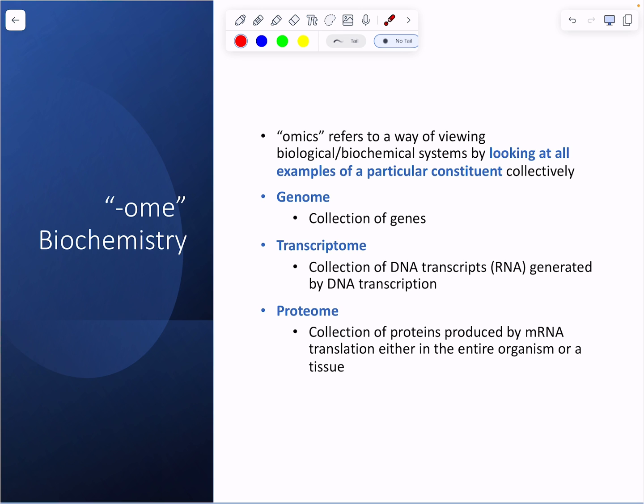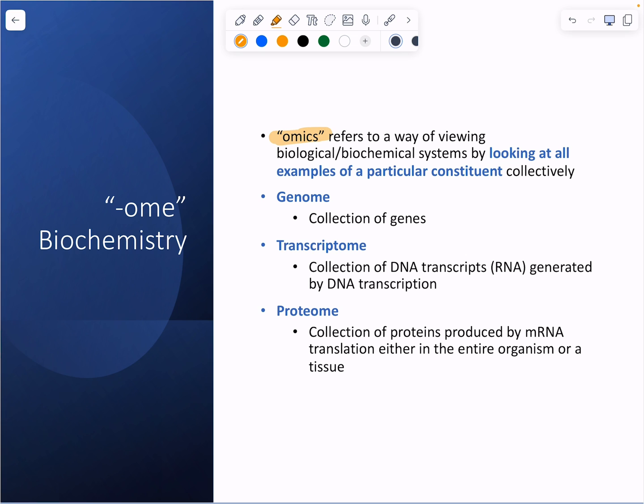Anytime you see the suffix omics, it means we are taking all of whatever the prefix is in a cell and analyzing the levels of all of those different things. So, all examples of a particular constituent. What does that mean?